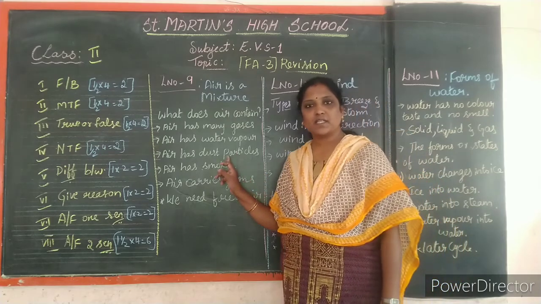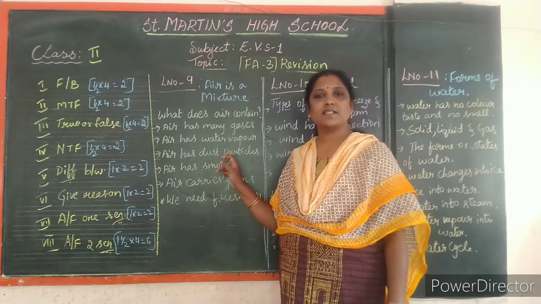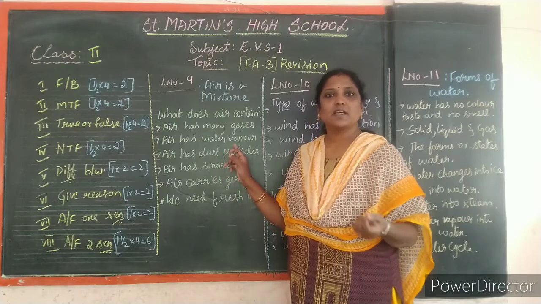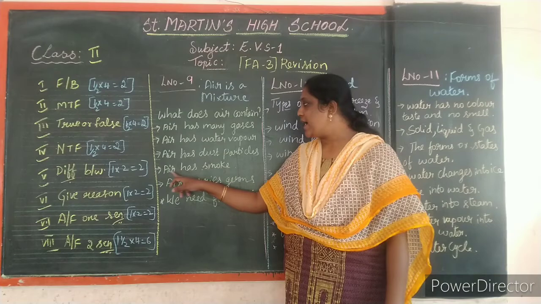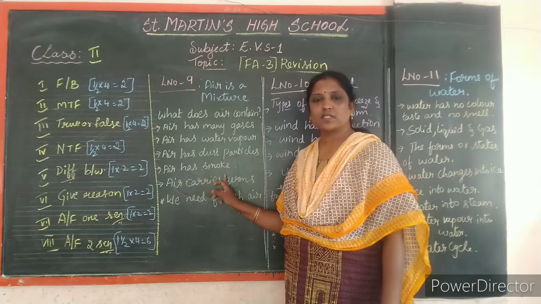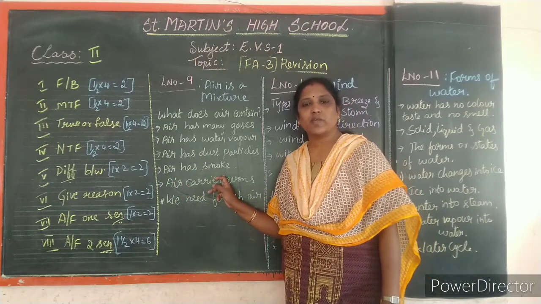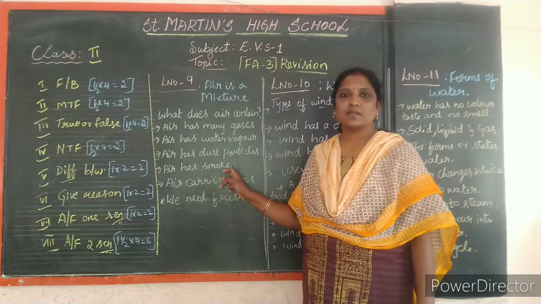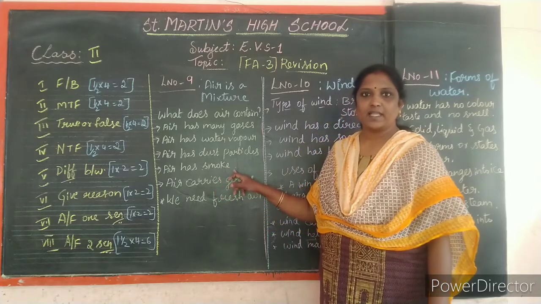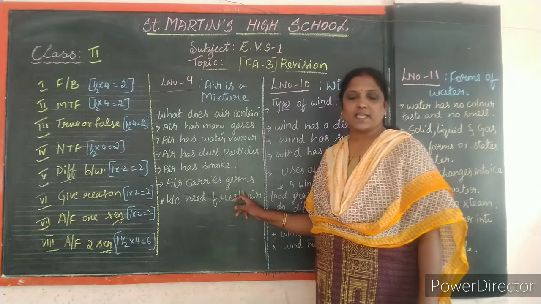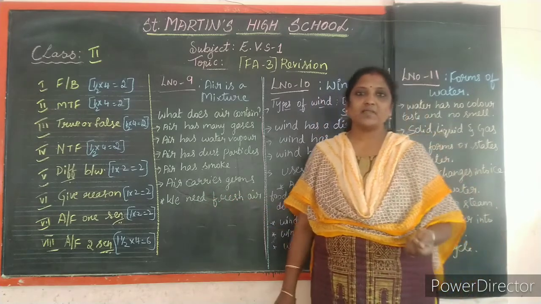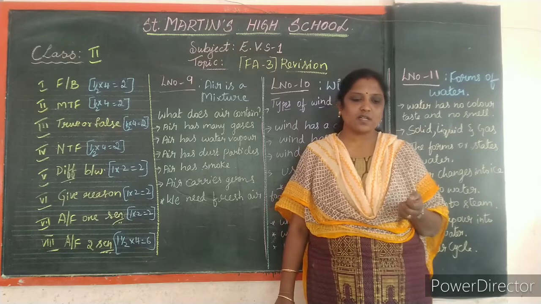As I said, you can see dust particles when the sunrise light is getting inside the house. And air has smoke. Yes, smoke that is released from vehicles and factories. It is very harmful to our health also, children. And air carries germs. Tiny living things are called germs.